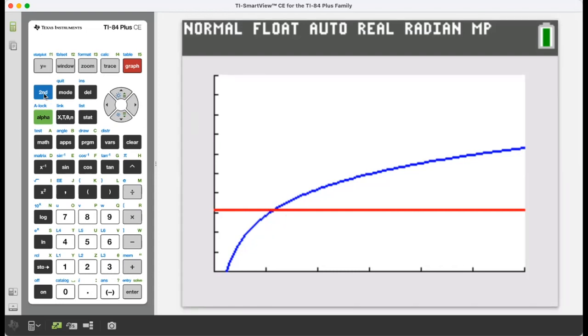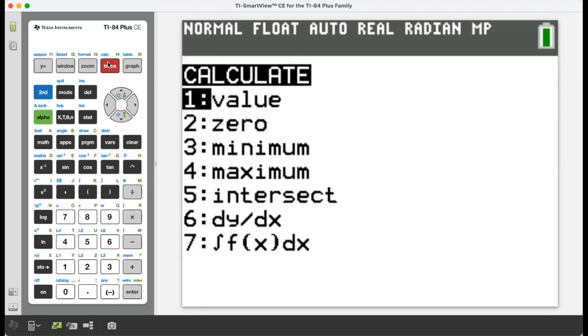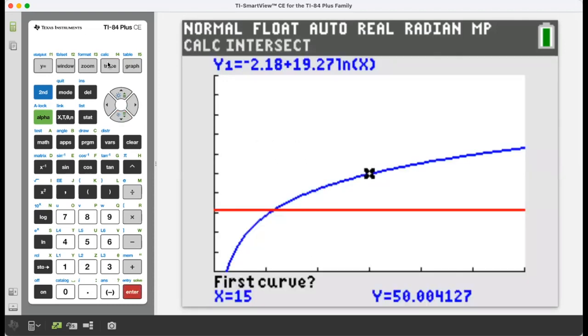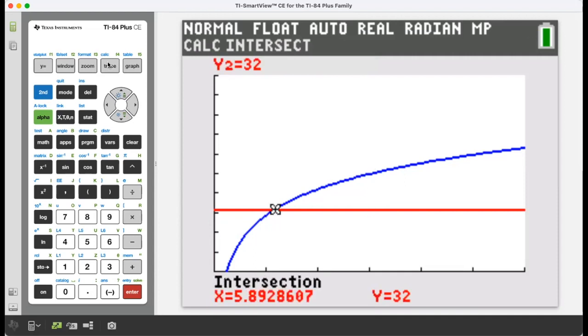Once again, it's second, calculate, and we need to find the intersection point. And you remember, there's only two functions to select, so all we need to do is hit enter 3 times. 1, 2, 3. And we find that point of intersection.